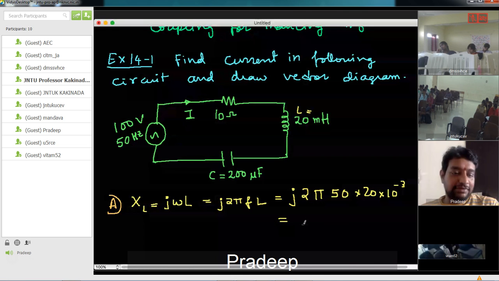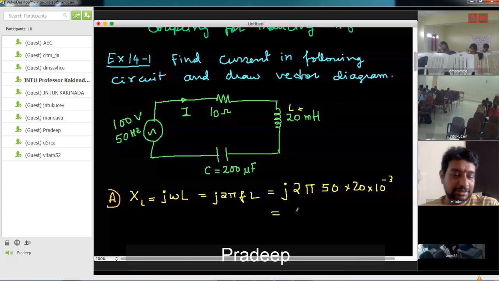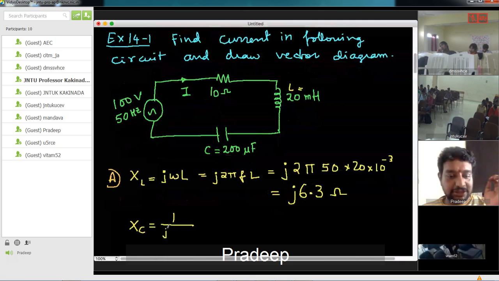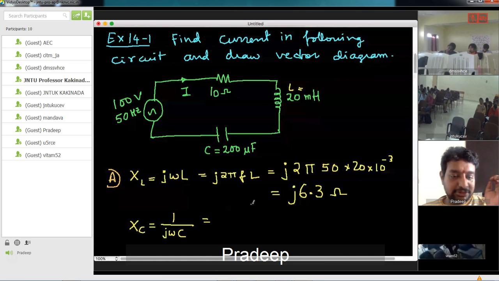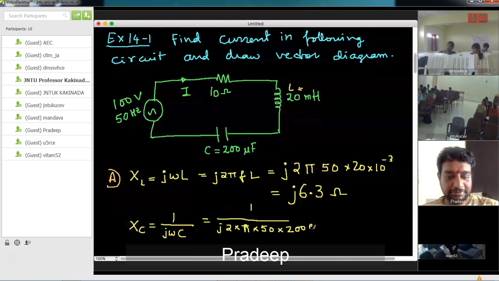Similarly, XC is 1 divided by j omega C, which is 1 divided by j into 2 pi into 50 into 200 micro.